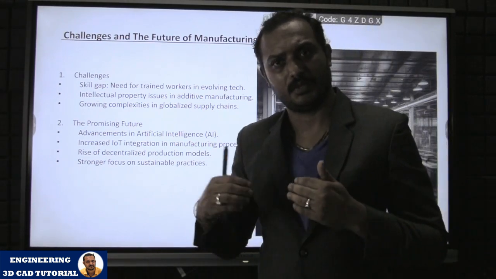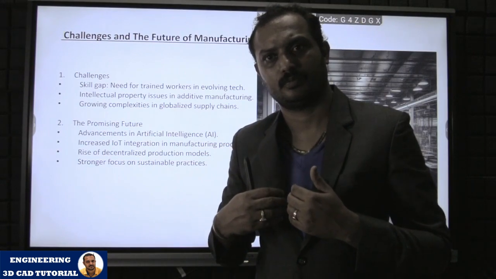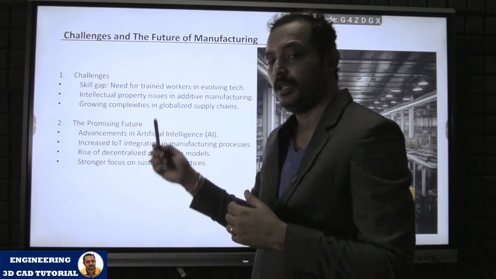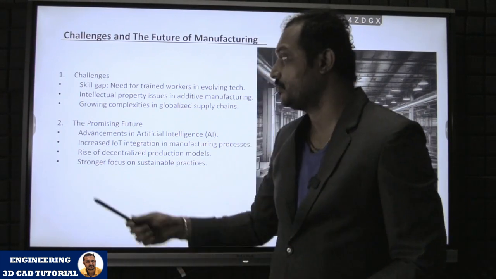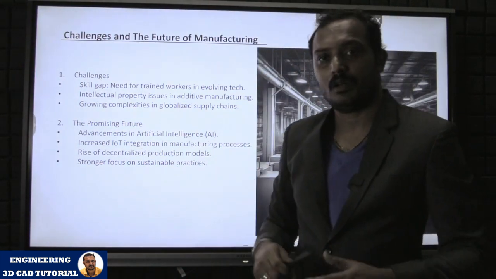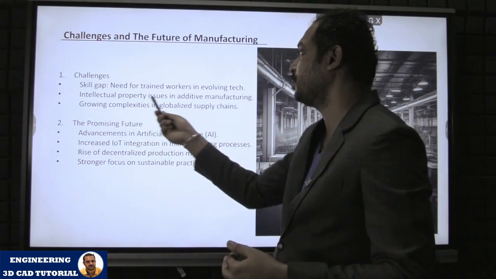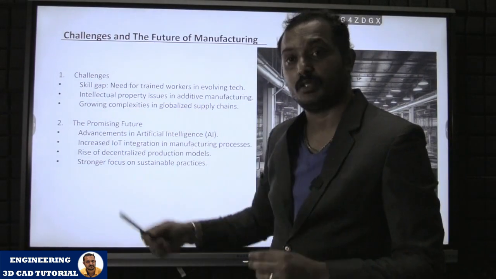This is one of the biggest problems. Suppose someone has obtained a new design or invented something and starts claiming it, then all other industries will suffer, and only one person can enjoy it. This is one of the challenges.